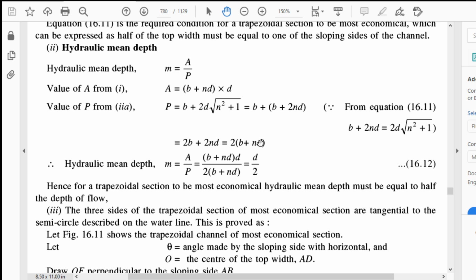By substituting all the quantities, you will get the value of perimeter as 2 times (B plus ND).